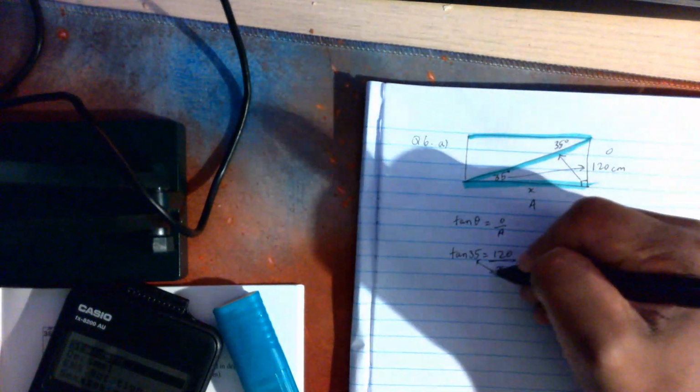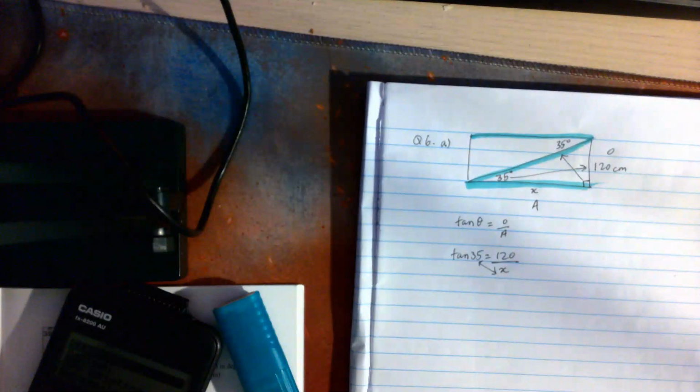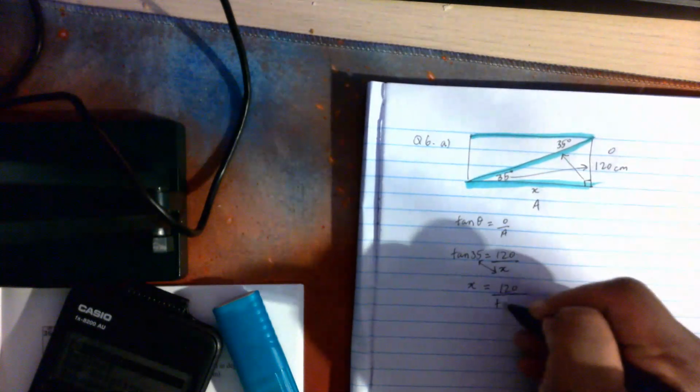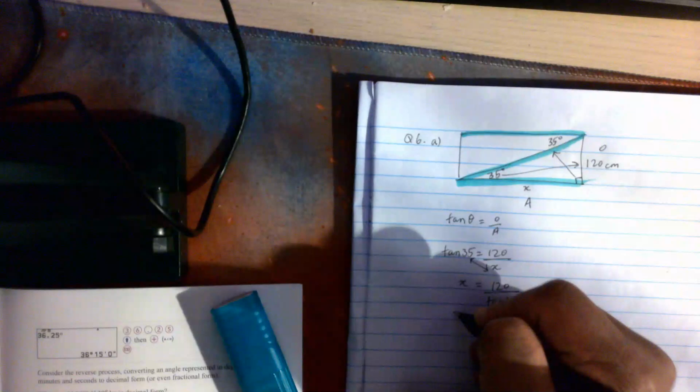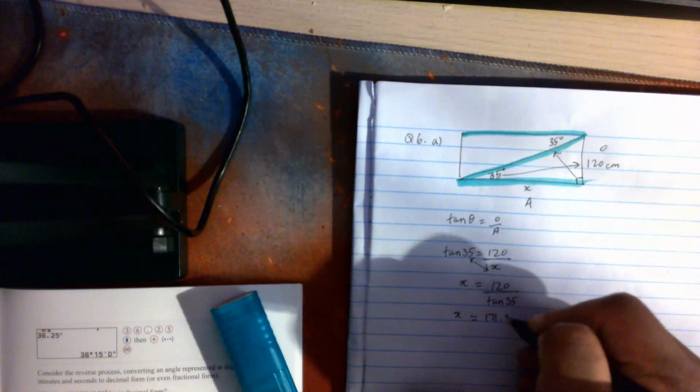Like last time, when x is on the bottom, we're going to switch the position of those two. So x moves to the left and it's going to be 120 divided by tan 35. And then when we do that on our calculator, we're going to get 171.37. So x equals 171.37 centimeters.